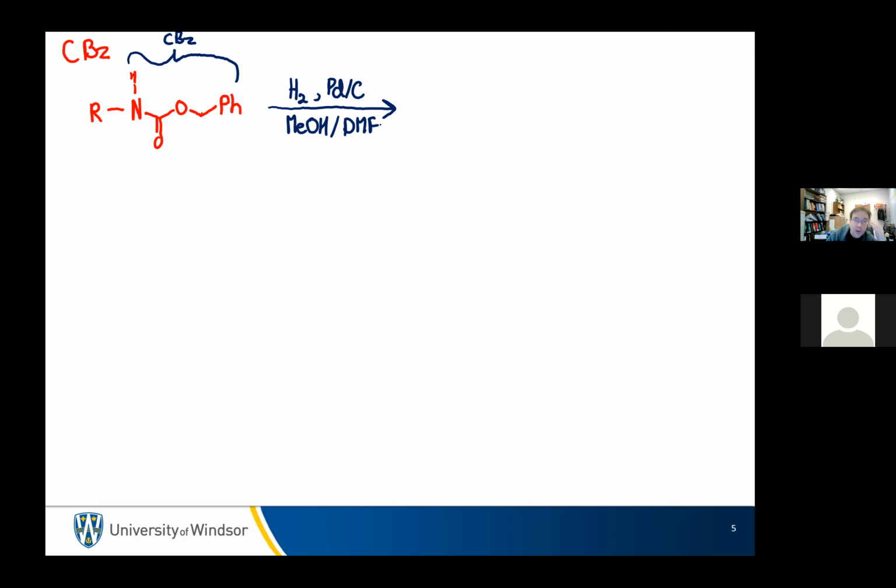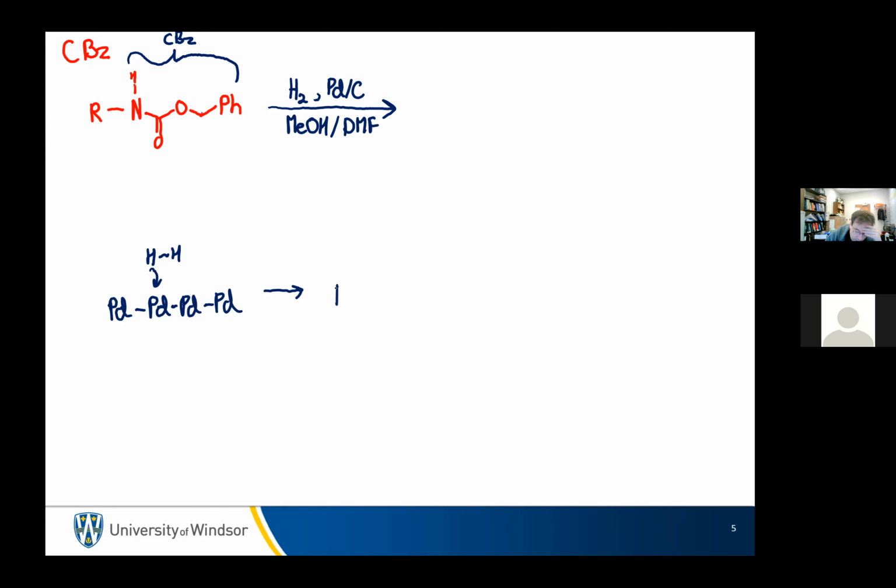So roughly speaking, what happens with any benzyl hydrogenation, and I don't think we've done this, is we're making toluene. So what we have basically, I guess I'll draw it down here, is this palladium surface, lots of palladiums. We have hydrogen gas, and the hydrogen kind of attacks the palladium surface.